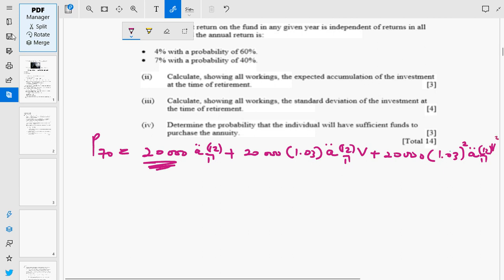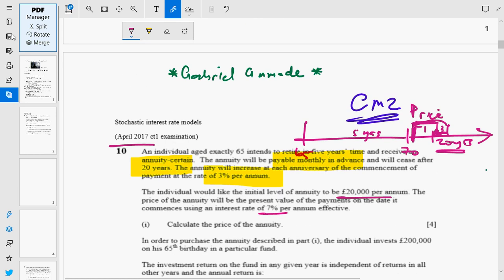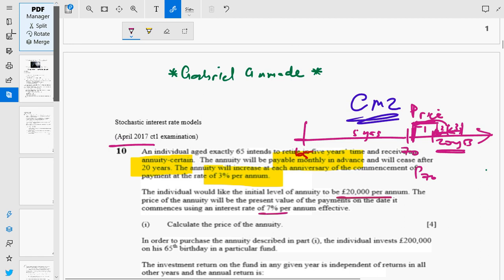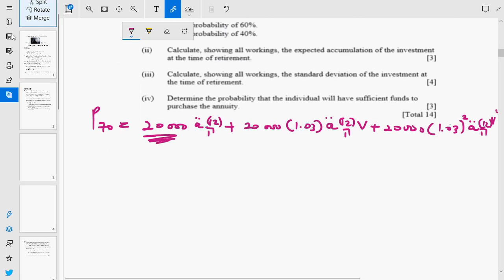Because if you look at our timeline that we drew, in year 3, this is what is happening. So I'll have to discount it back for 2 years in order to be at P70. Okay, so I'll do this till year 20. Now, you have to follow the pattern here.